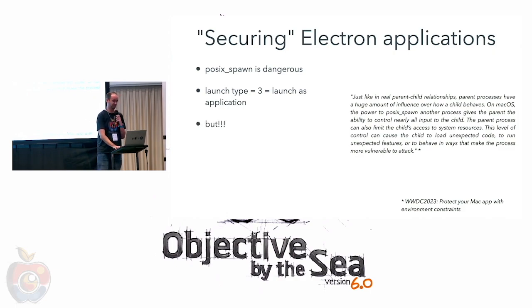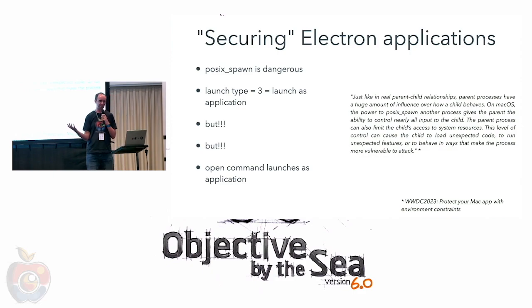But the open command will also launch the application as an application, and the open command can pass environment variables and command line arguments. So I think we are back to square zero.